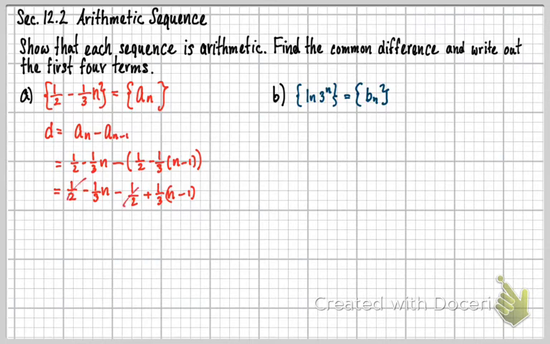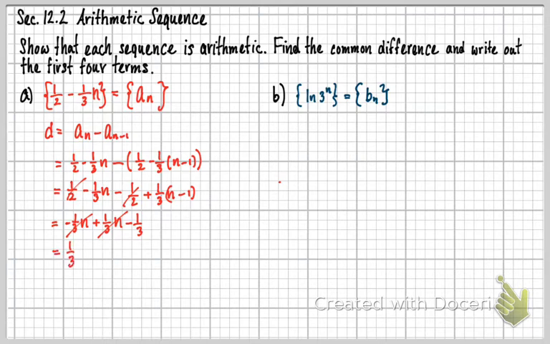So now I have a negative 1/3 n plus, and I'm going to distribute this piece now. So that's going to be 1/3 n minus 1/3. What we see here now is those 1/3 n terms cancel out because one's positive, one's negative. So now we end up with just 1/3.